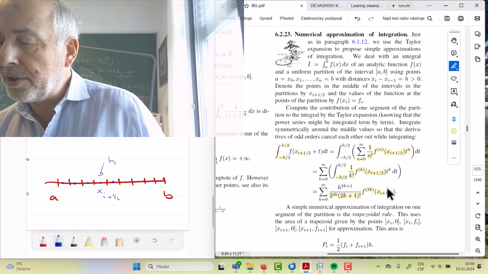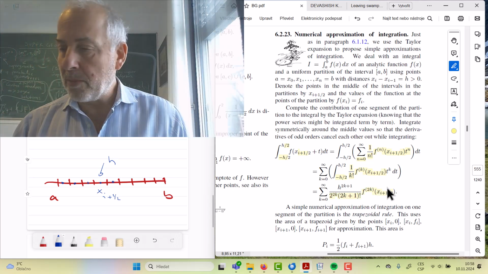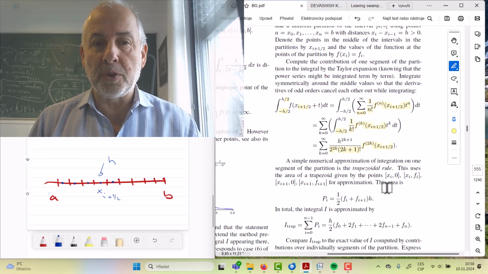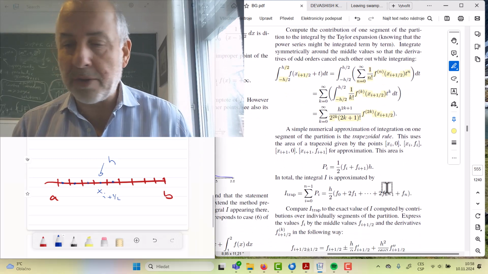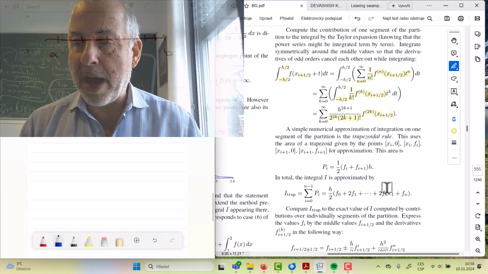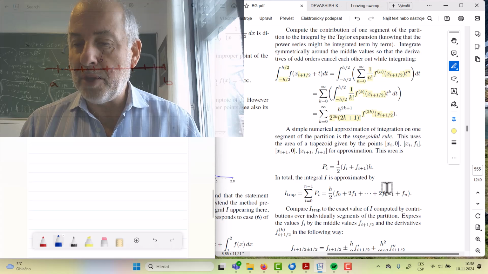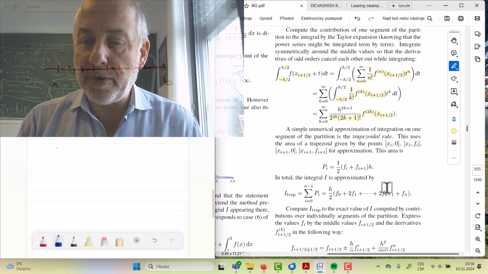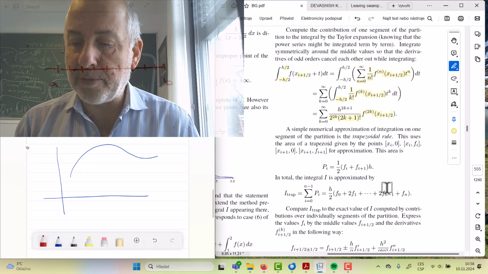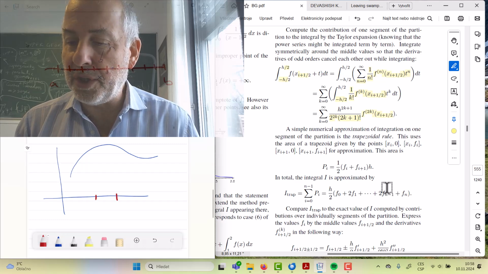So that's here. And now this is of crucial importance, because now we can think, well, what shall we do? We shall integrate the most simple way. We imagine that we have the interval, and we have the function here, and we shall have something like the piece here.